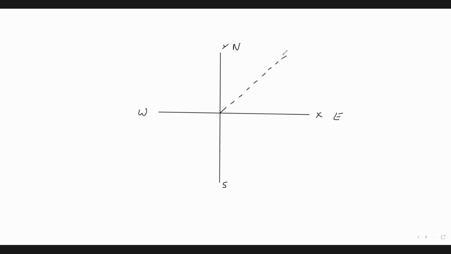This direction right here is 45 degrees. Actually, I should have written it down here. Is 45 degrees north of east. That's what that means when you see that. What about this direction here, where, let's say this is 10 degrees.